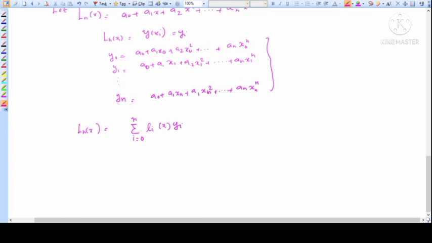We can write Ln of x as sigma i equal to 0 to n Li of x yi. So what is Li of x?